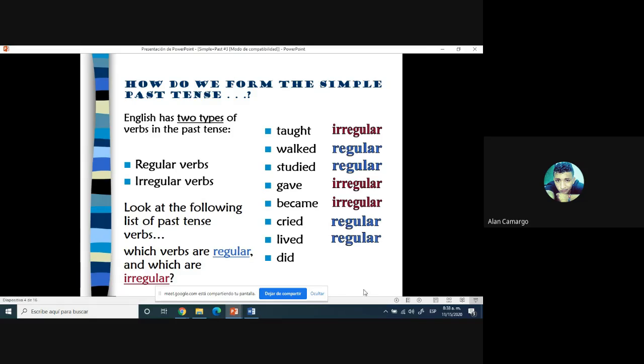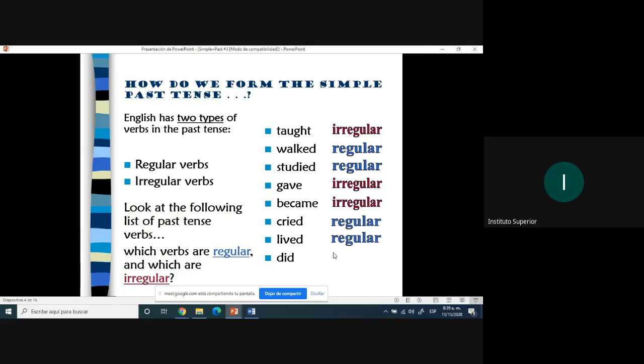Okay. I think it is regular because I remember one rule, because I know no ed. All right. So which one is the base form of the verb did?